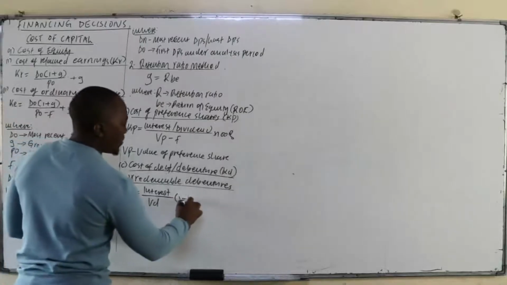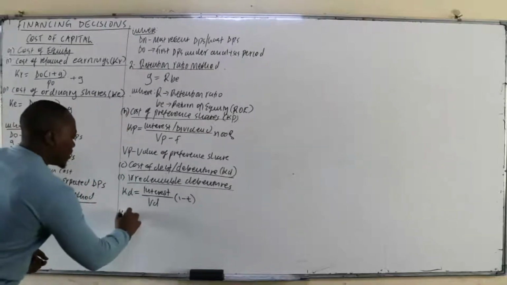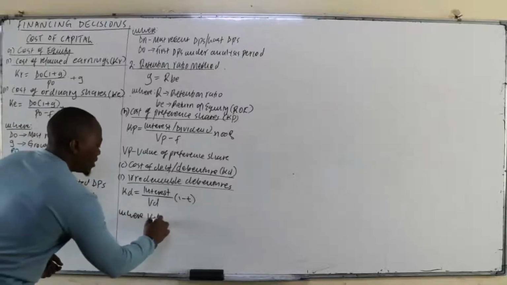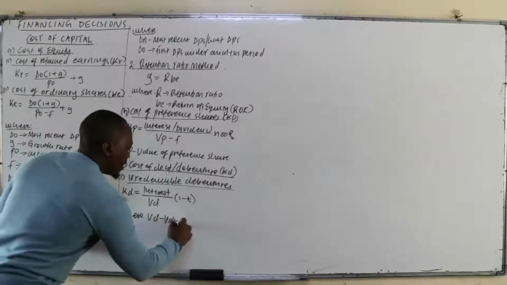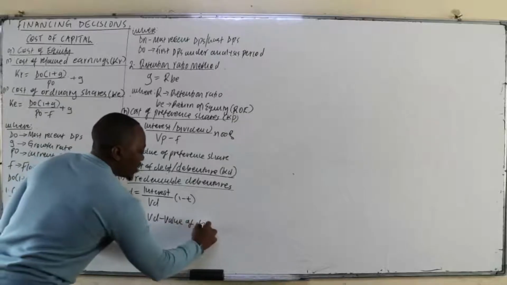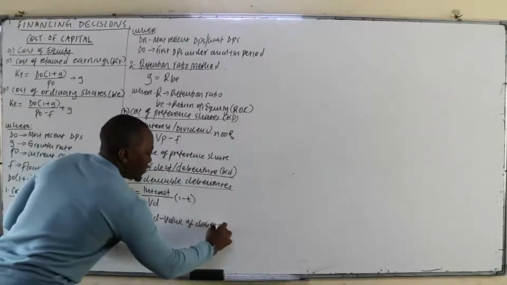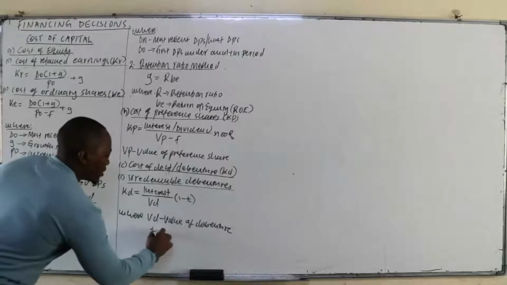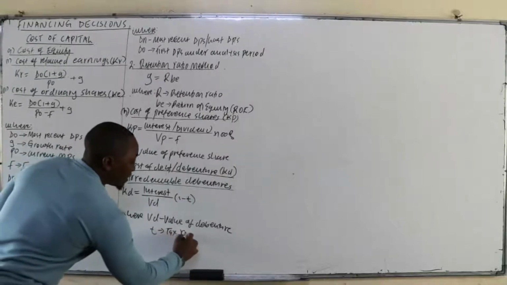you take 1 minus T, where VD is the value of the debt or debenture, and T is the tax rate.